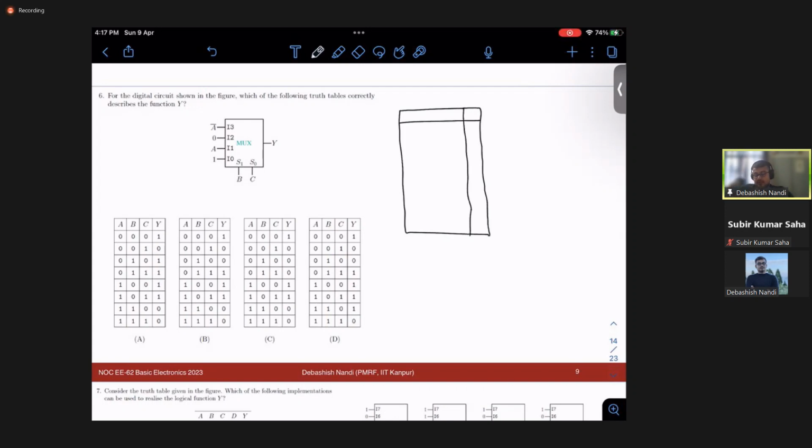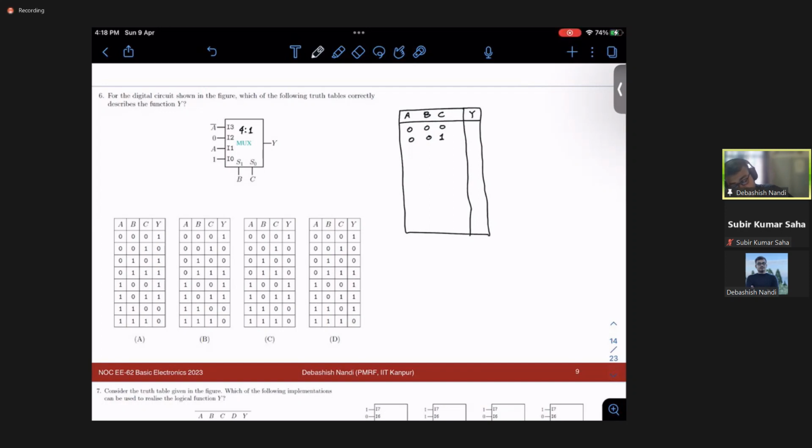We have three inputs, right? We have A, we have B, we have C, and we have output Y. Okay, so let's see. Let's say these are the possible combinations. So then it is nothing but a 4:1 mux.